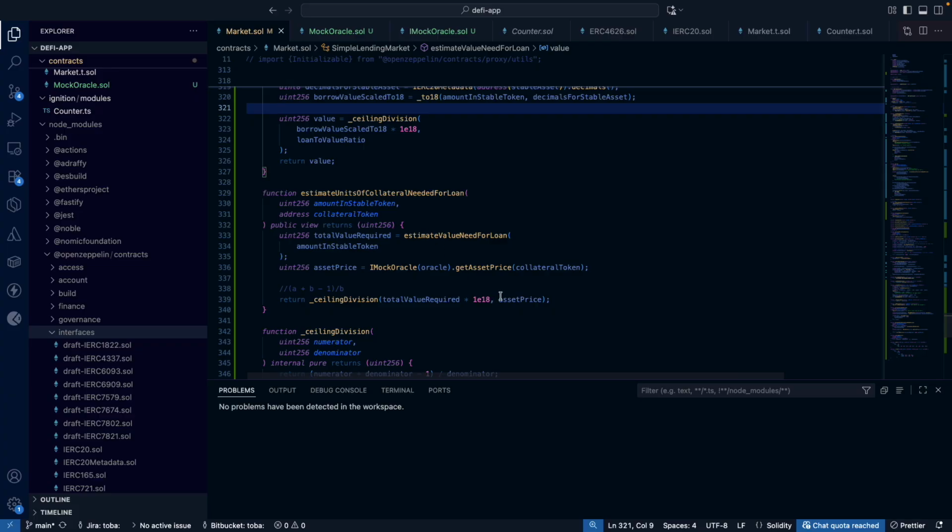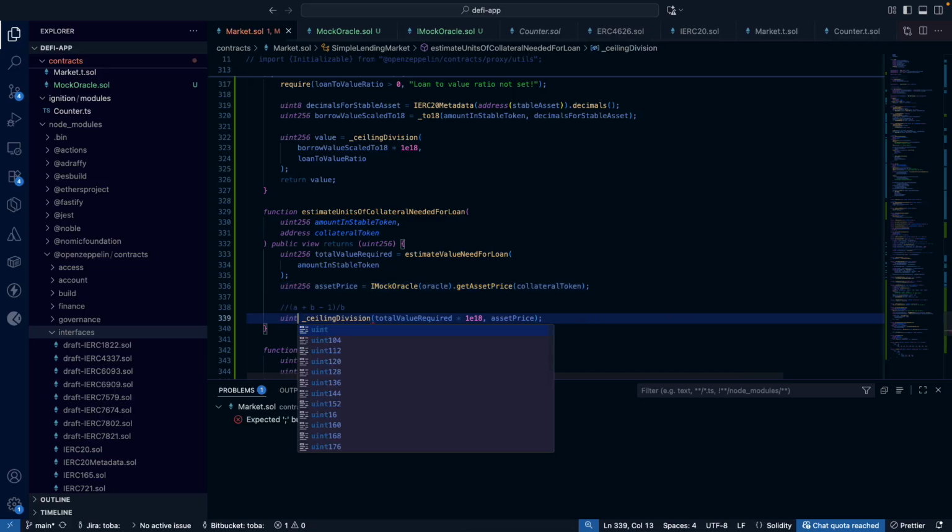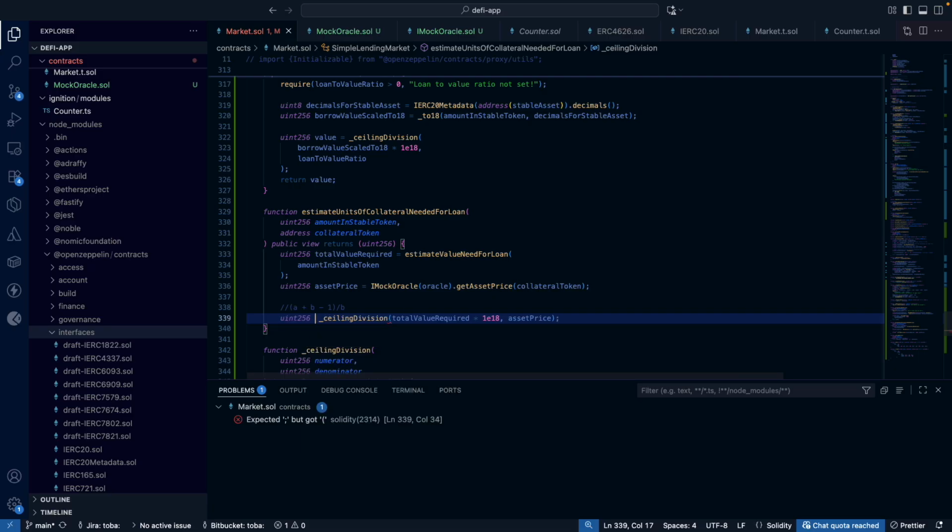For the collateral token, we need to estimate what the decimal places are as well. We've done our DV, so let's change this to uint256 units needed. Okay, so we have units needed.